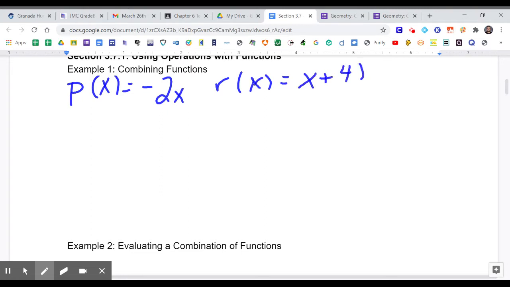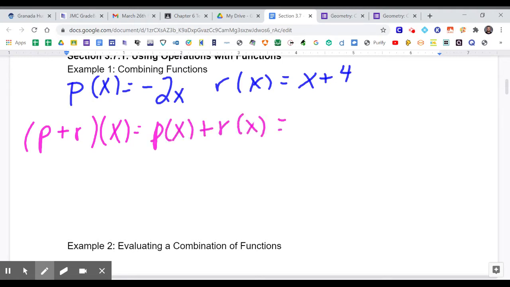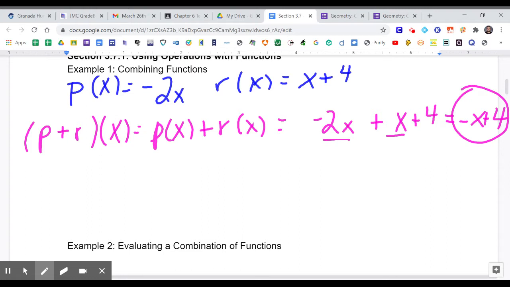We're going to do all four of our operations. So let's look at p plus r of x. Well, p plus r of x is really just saying, what is p of x plus r of x? Which is negative 2x plus x plus 4. Then all we do is combine when we can. So negative 2x plus x is just going to be negative x, and then the plus 4 tags along. There's our first one.